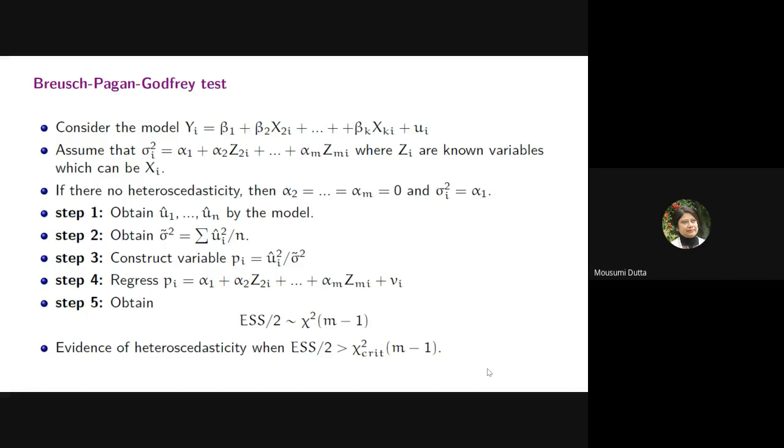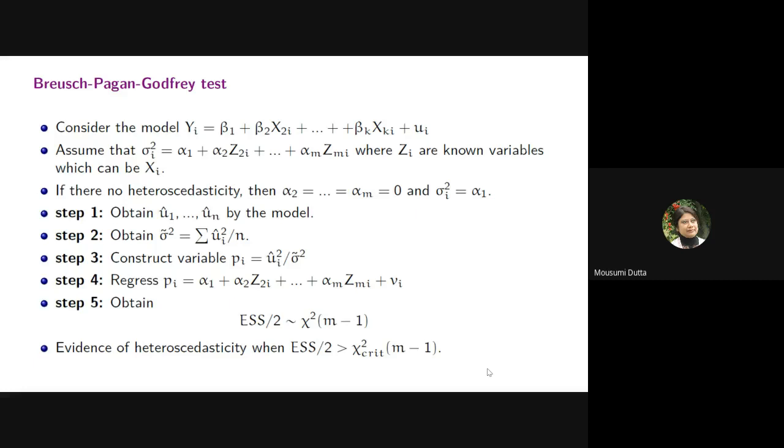Actually, you can apply it in the two-variable case. However, in any text, this is given both for two variables and for more than two variables, so that context is also covered. The standard format of the regression is written as yi equals beta 1 plus beta 2 x2i, etc.